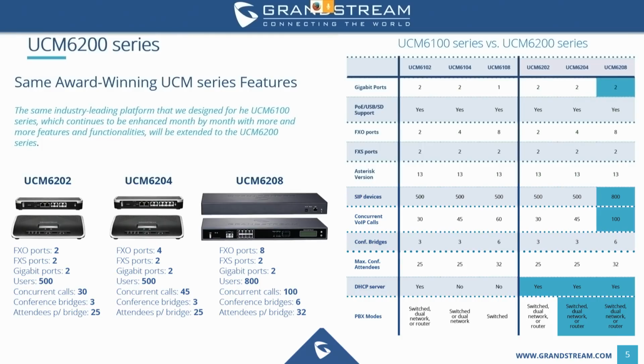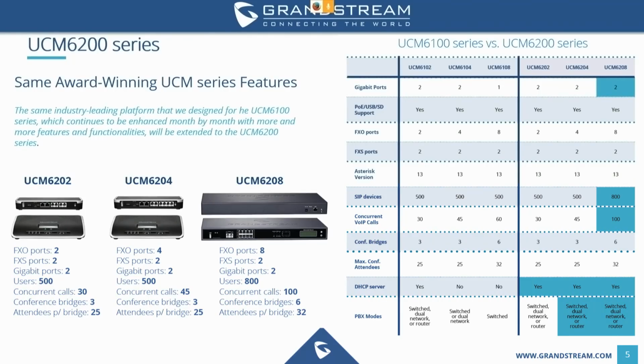The other difference with the 6200 series models is they all have built-in DHCP servers, making your installations a little bit easier, and they also all support switch, dual network, or router mode. But you can see between the 61 and the 6200 series models, really the difference is simply the amount of FXO ports on the device and the amount of concurrent calls that they can support.